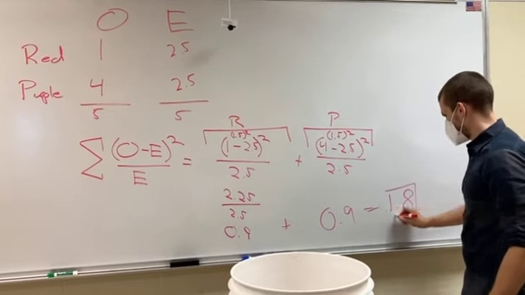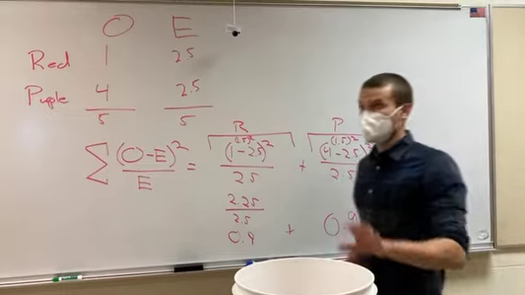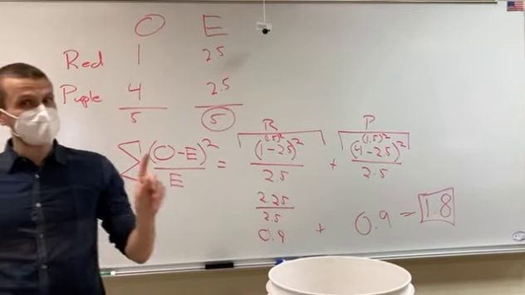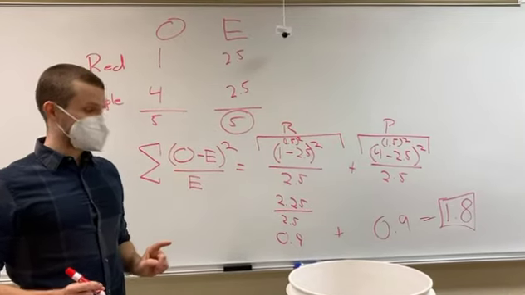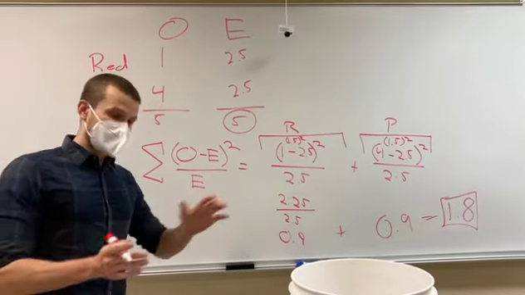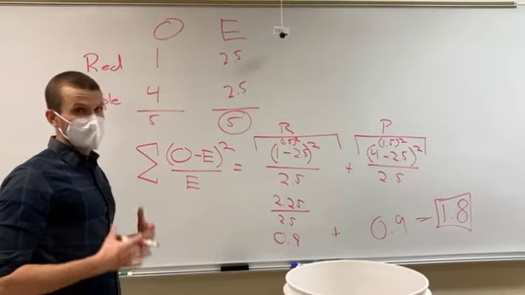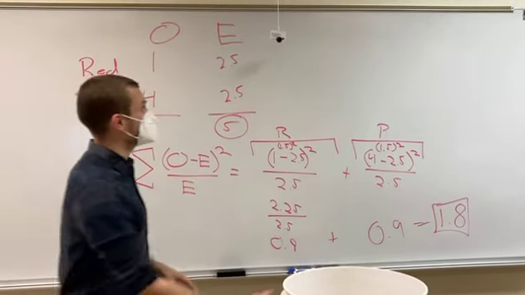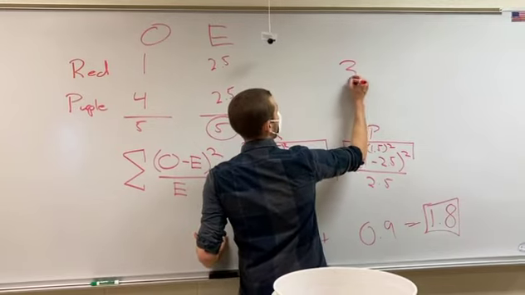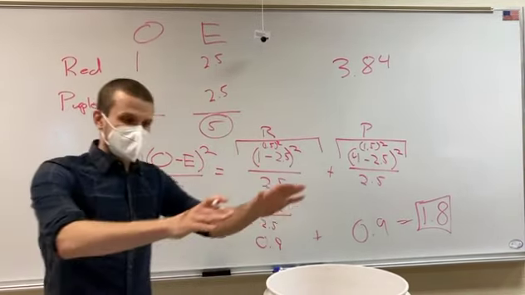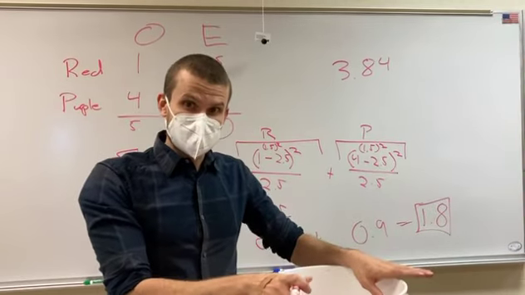So our chi-squared statistic for this, with a pool of only 5, and that's going to be the important fact here, is 1.8. Now from the lecture, we know that our chi-squared threshold for a 95% confidence interval is that any value above 3.84 means that this bucket did not start out 50-50.